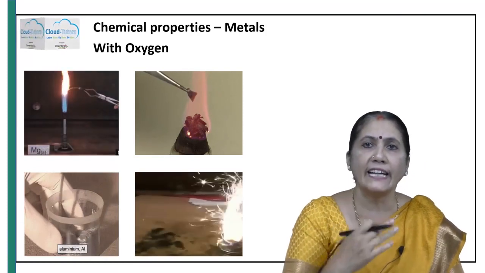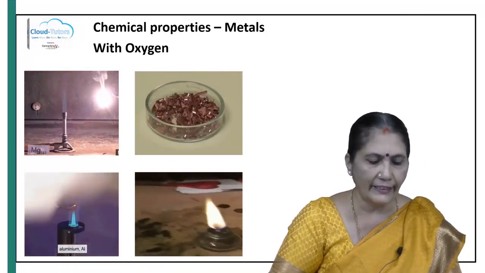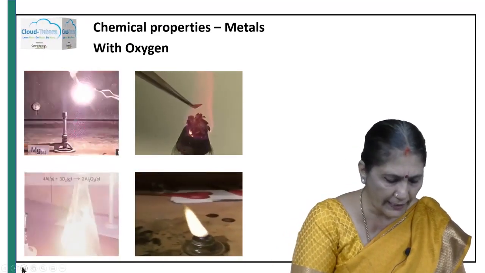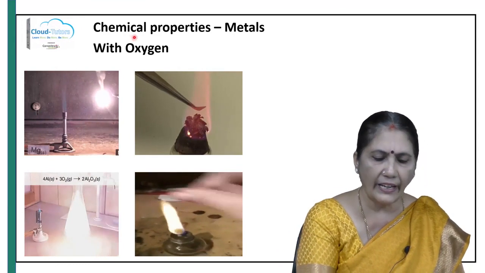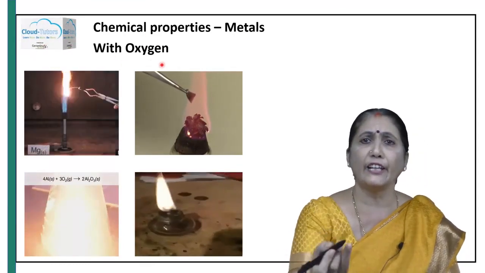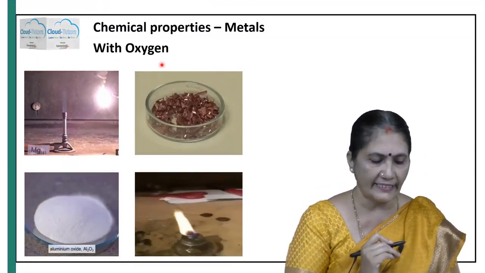It's because iron reacts with oxygen to form iron oxide. So all these are the chemical properties of metals when they come in contact with oxygen, resulting in the formation of the respective metallic oxides.